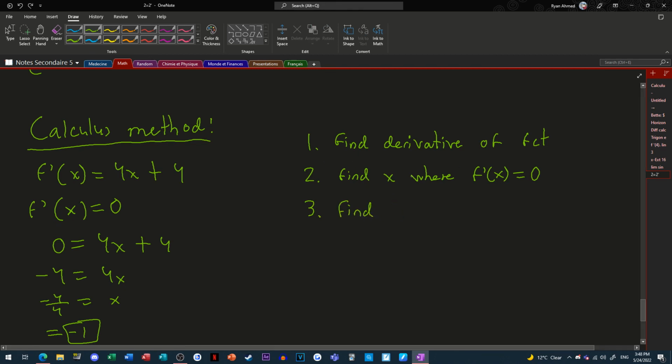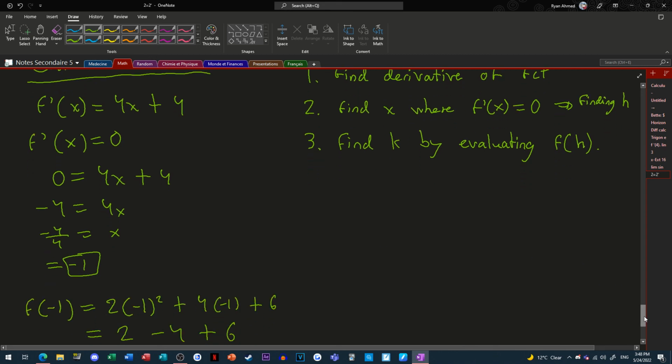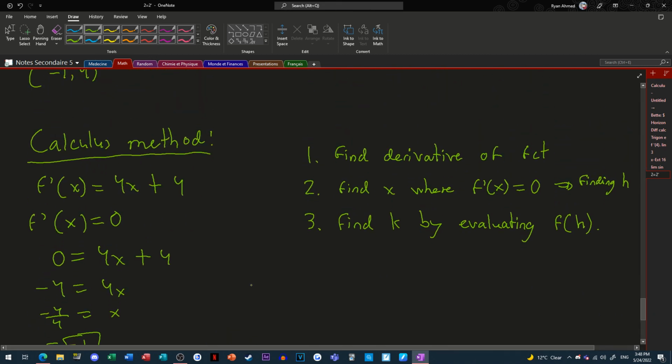Actually, by finding x where f prime of x is equal to 0, that's the same thing as finding h, and then you will be able to find k by evaluating f of h, and that's it. That's the calculus method of finding the vertex coordinates of a parabola.